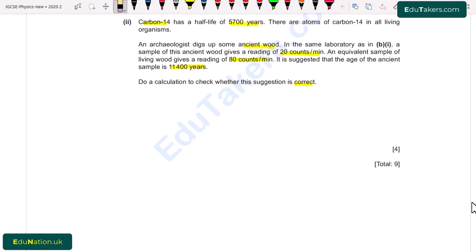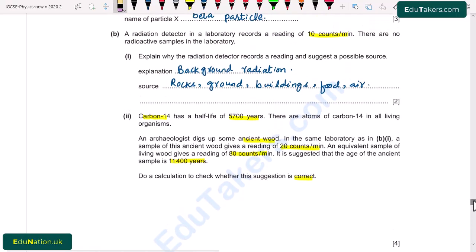So first of all, you can see from here the background counts are 10 counts per minute. But in part 2, the counts are 20 counts per minute and 80 counts per minute. So we simply do a calculation.